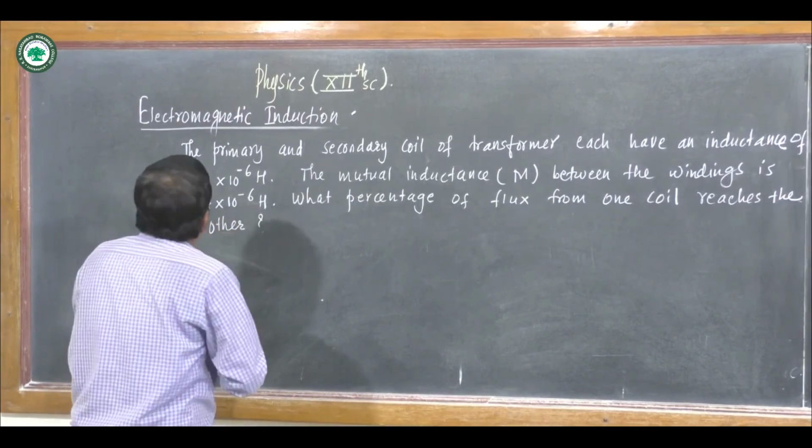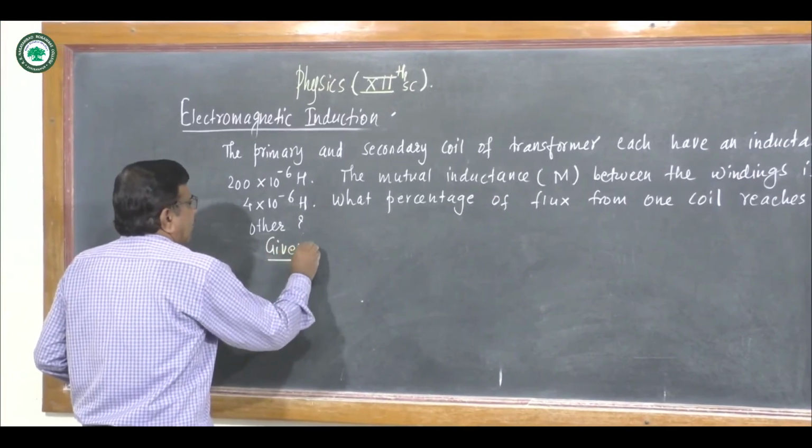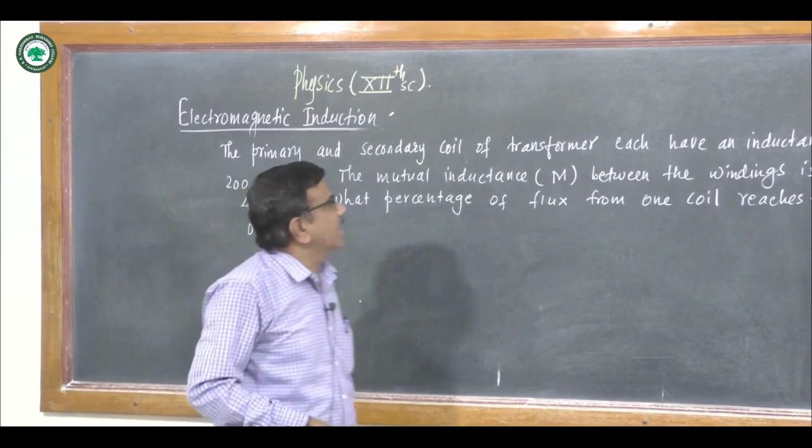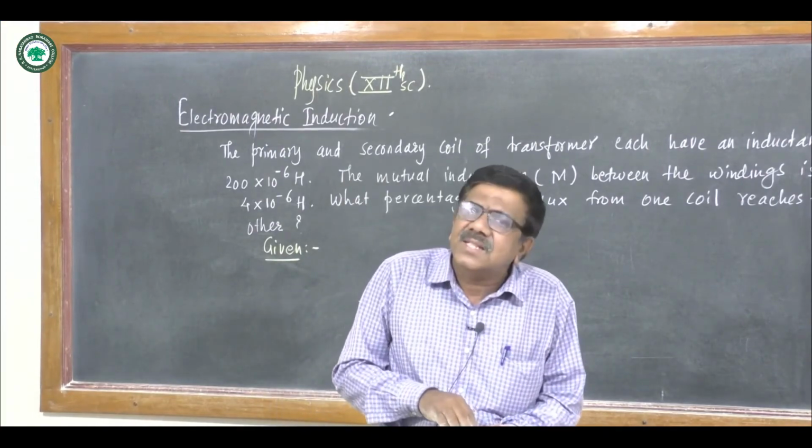See the given data first. Two coils are there. Primary and secondary coils of the transformer each have an inductance of 200 into 10 raised to minus 6 Henry.